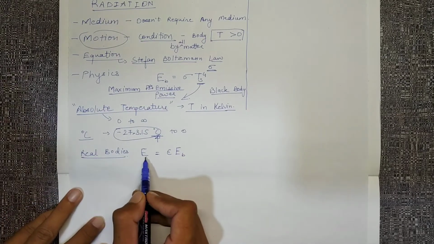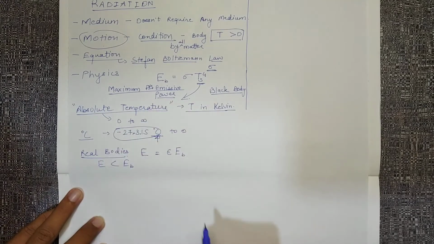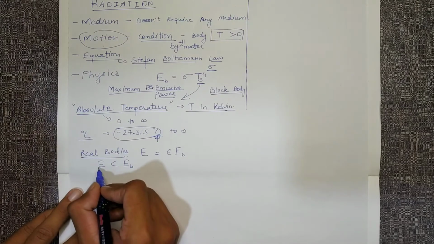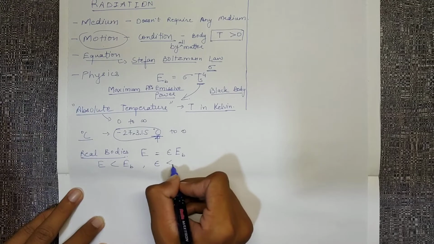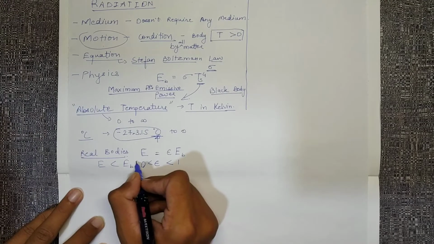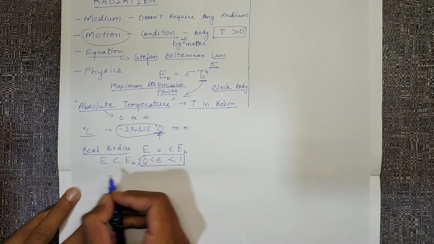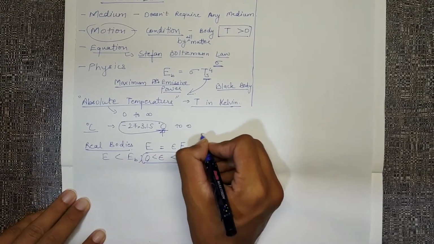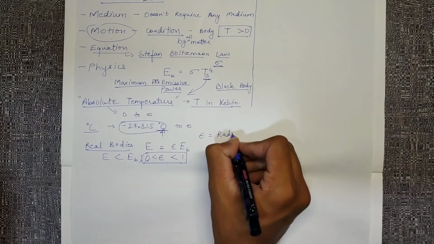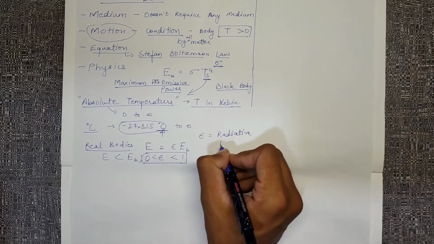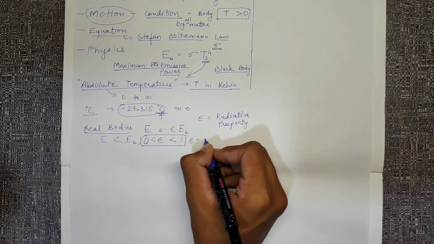The emissive power of real bodies is less than E_b, the maximum emissive power of a black body. That means the value of epsilon is greater than 0 and less than 1. This epsilon is a radiative property, and we call it emissivity.